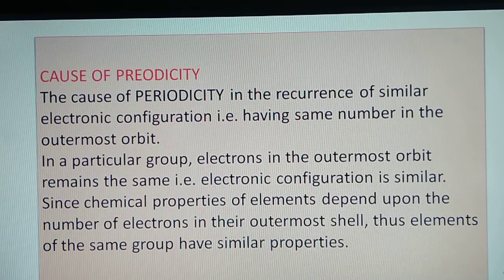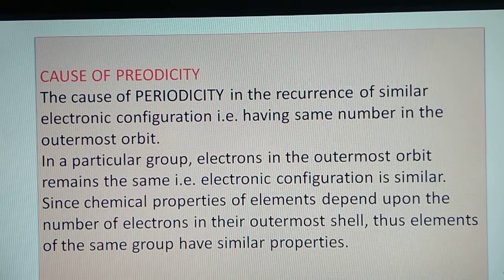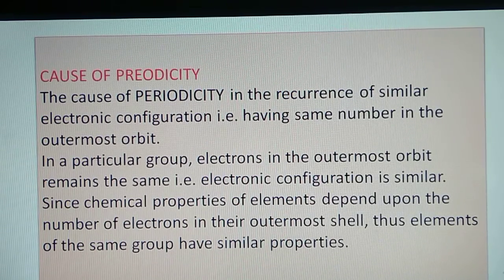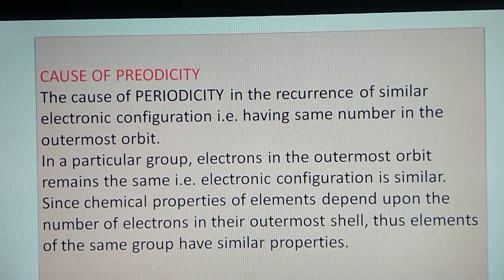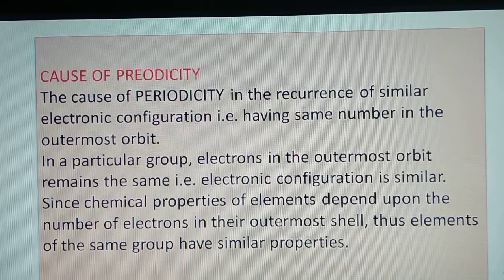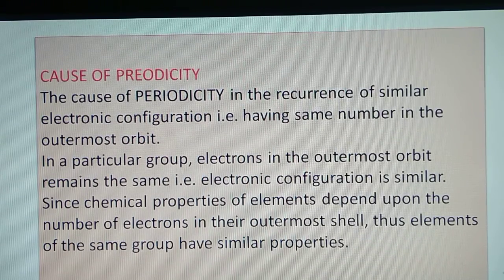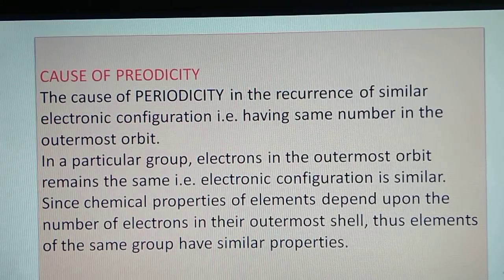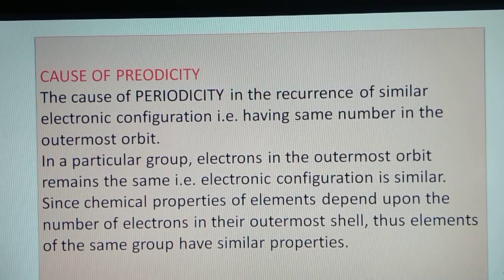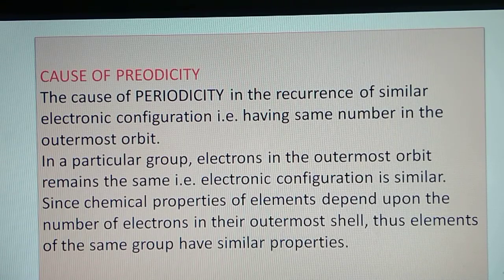They form negative ions carrying a single charge, for example, chloride ion, that is Cl minus. Then they are very reactive and therefore found in combined state. Fourth, they are only slightly soluble in water, but they dissolve much better in organic solvents like carbon disulfide, chloroform, alcohol, etc.